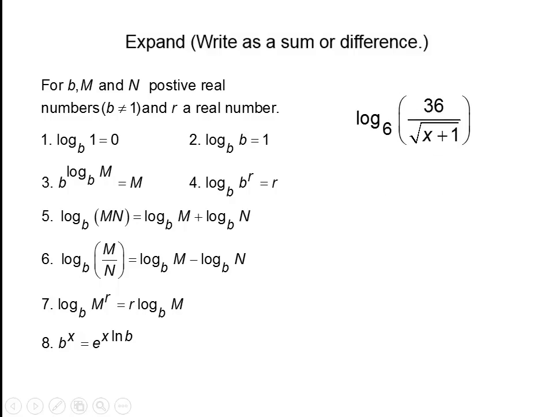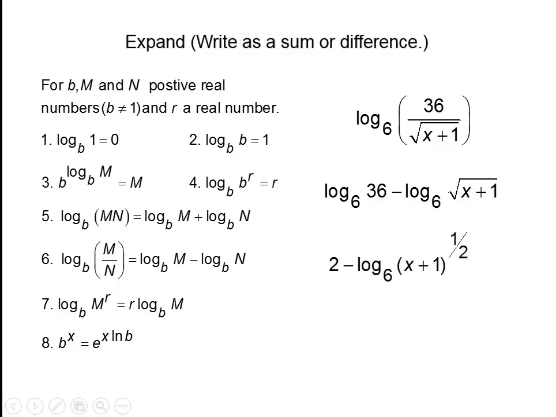Here's another. First, we'd again use the quotient property to write the quotient as a difference. Next, log base 6 of 36 is 2, and it's best to rewrite the square root of x plus 1 as the quantity x plus 1 with an exponent of 1/2.